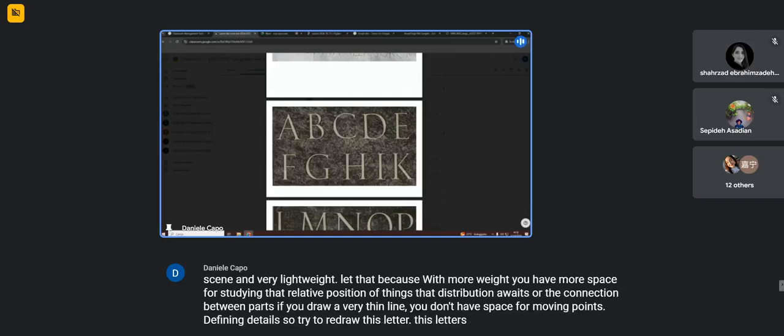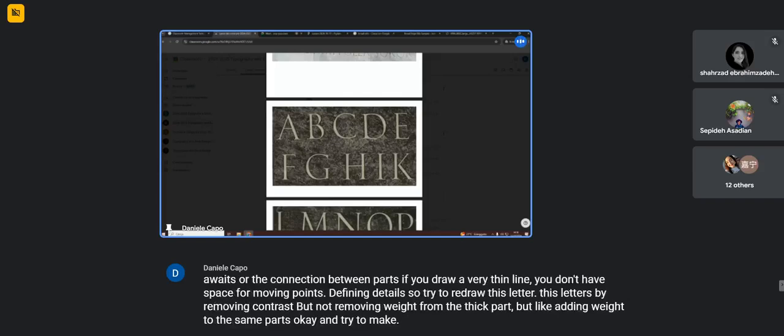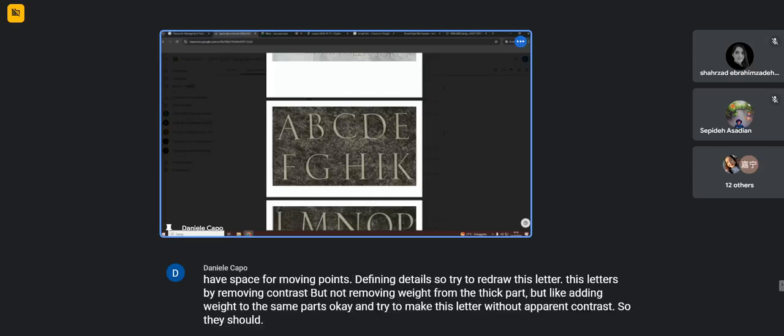So try to redraw these letters by removing contrast, but not removing weight from the thick part, by adding weight to the thin parts. Okay, and try to make these letters without apparent contrast. So they should be almost monoline, at least to the eye.